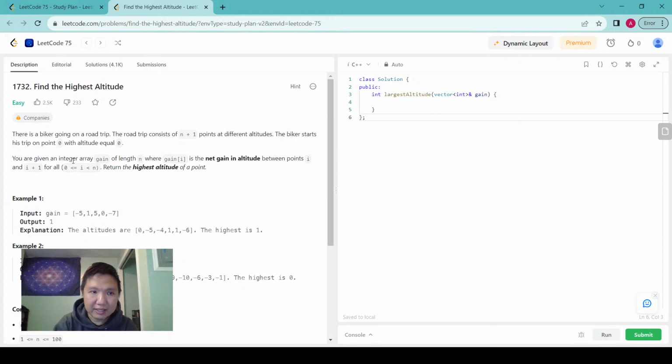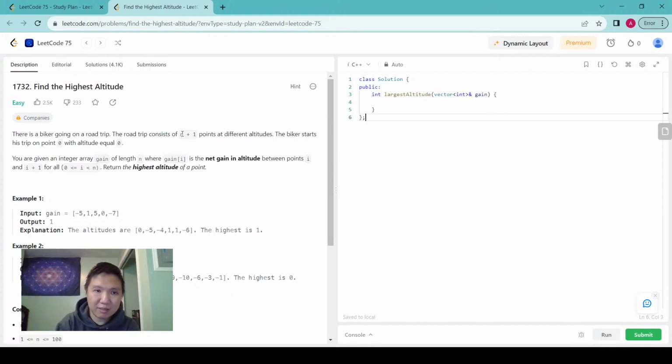You're given an integer array gain of length n, where gain[i] is the net gain in altitude between point i and point i plus 1. I see. So you start at 0, and gain[0] is the gain from point 0 to point 1, and the last point that you represent will be point n.